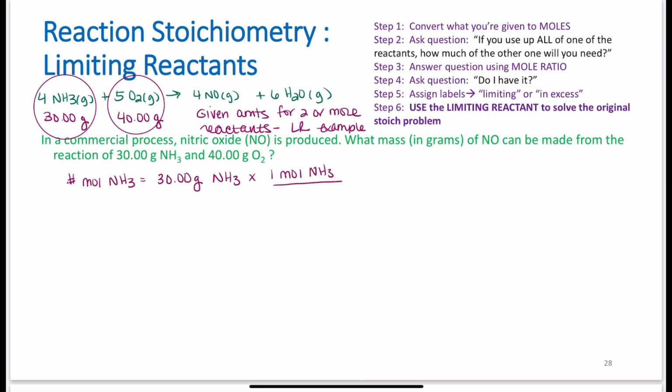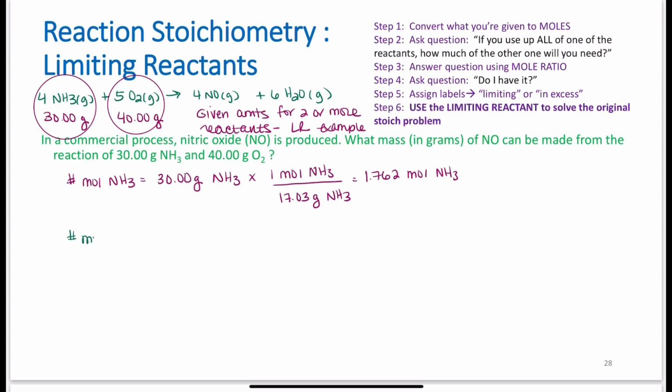Hydrogen is 1.008 grams per mole. And I have 3 hydrogens. So overall, this comes to 17.03 grams of NH3. This gives me 1.762 moles of NH3.